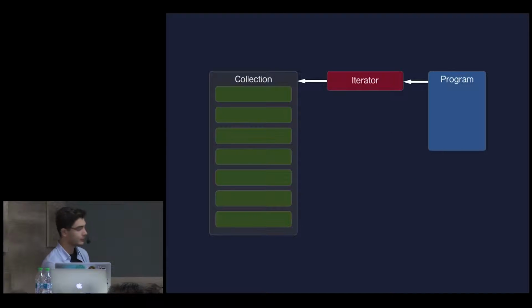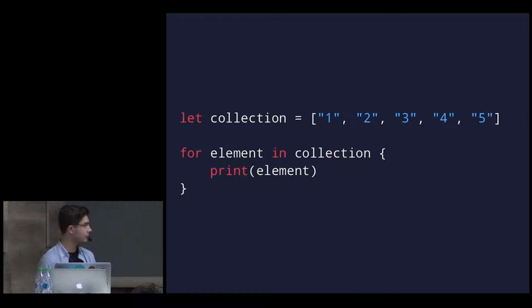So this is how it looks. We have the collection, we have our program or our code that needs to interact with this collection, and in between them we have the iterator. So we can ask the iterator for data, it gets the data from the collection and returns it to the program. A basic example would be loops. We have the collection, we can make a well-known for loop and iterate through this collection, let's say print the elements.